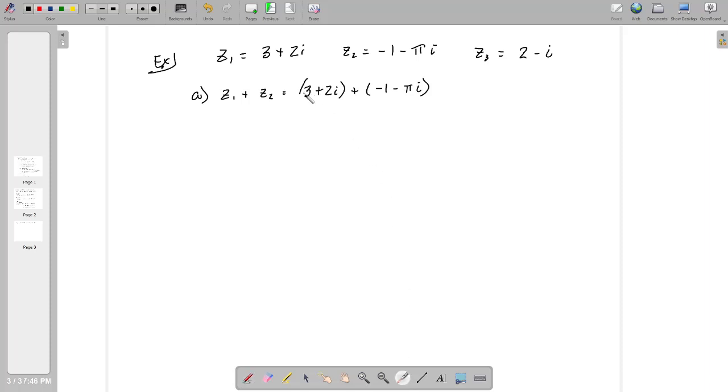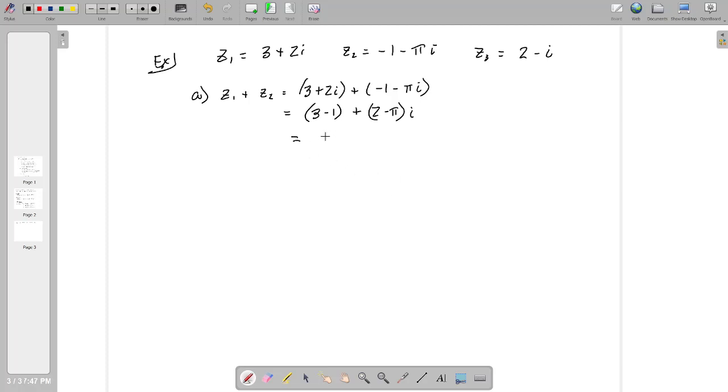Now, we can drop the parentheses, and the reason that we can drop the parentheses is because we're automatically at the addition level. So this will become 3 minus 1, adding the real parts, plus 2 minus pi i, adding the imaginary part.